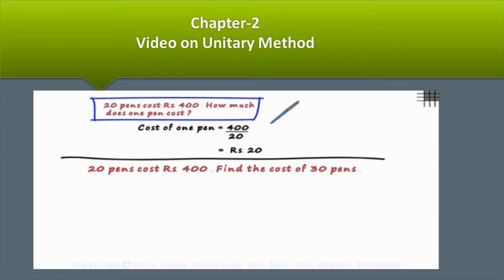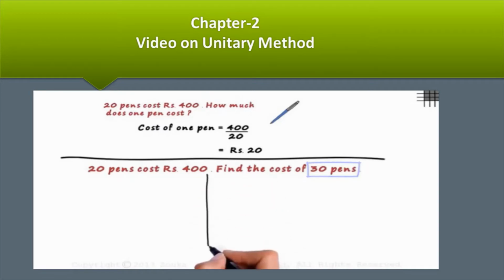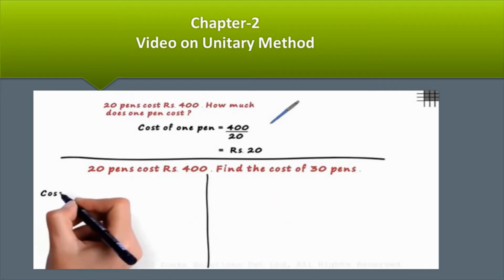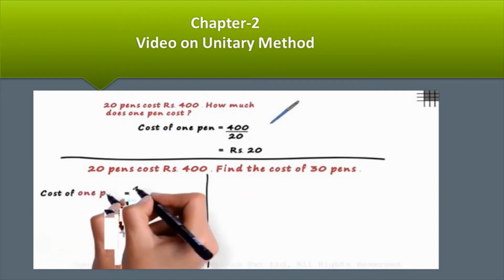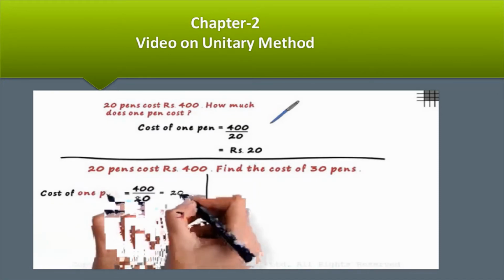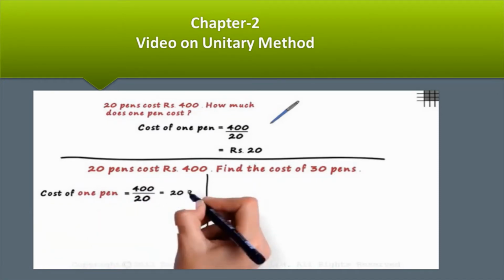If you think the previous problem was easy, this one should also seem easy. But that is not always the case. When students see that they have to find the cost of 30 pens, they tend to get confused. We found out the cost of one pen to be 400 by 20, which is 20 rupees. So think about it.